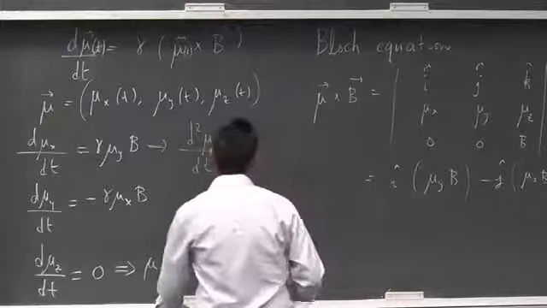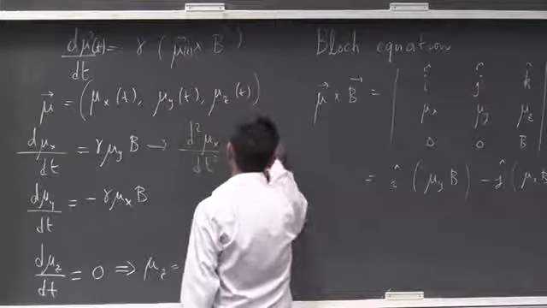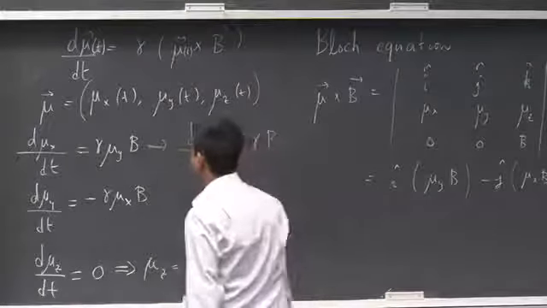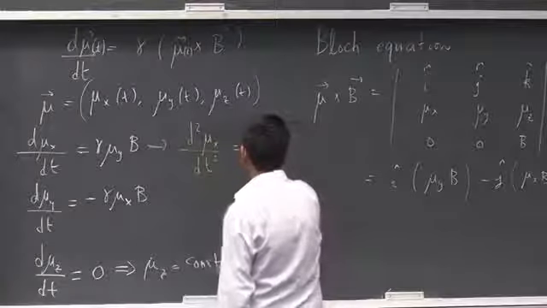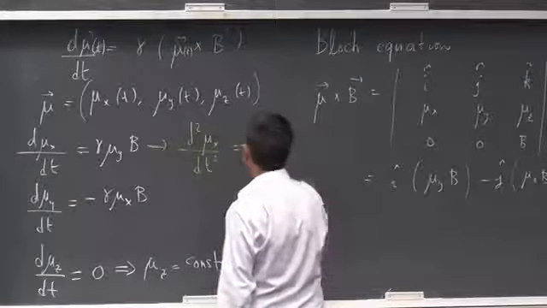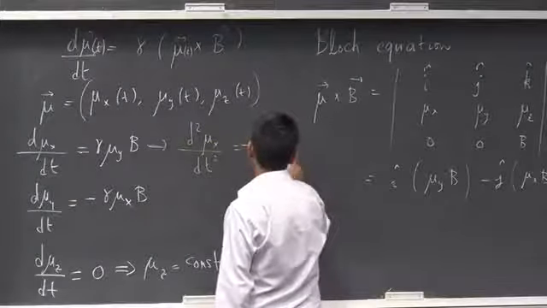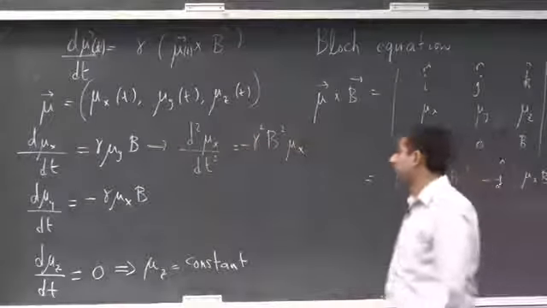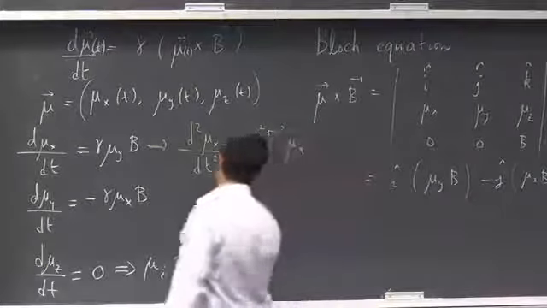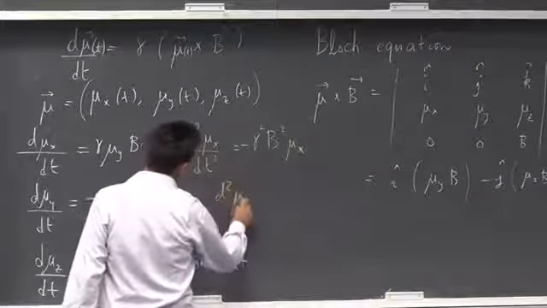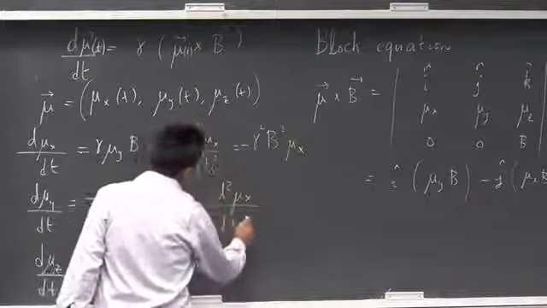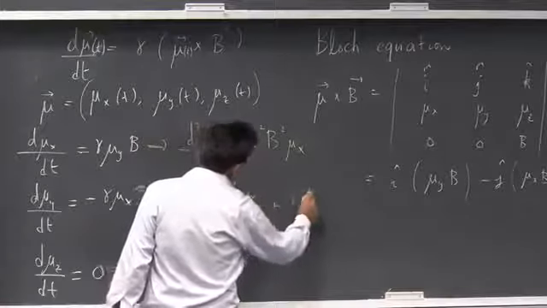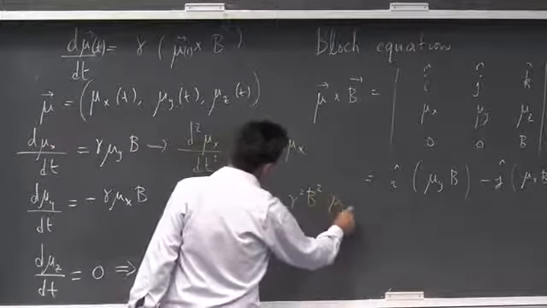So this is gamma B times d mu y over dt, which is minus gamma square B square mu x, right? Okay, so now I can solve this equation. This equation can be solved quite simply. d square mu x over dt square plus gamma square B square mu x is 0.